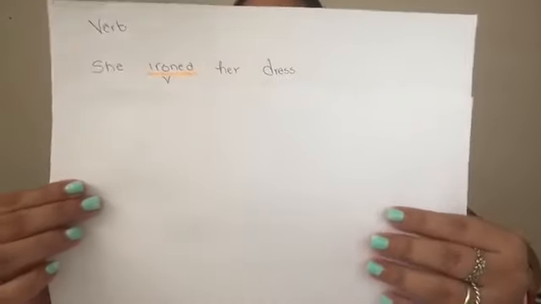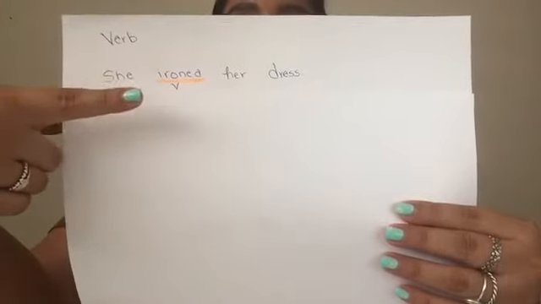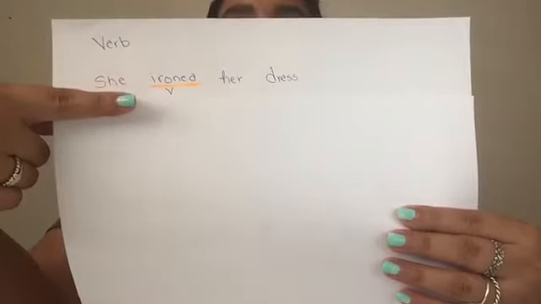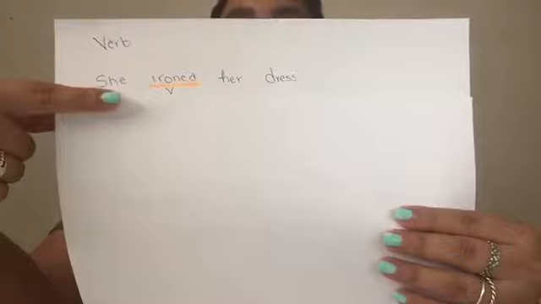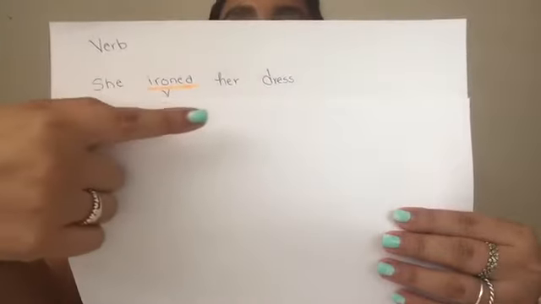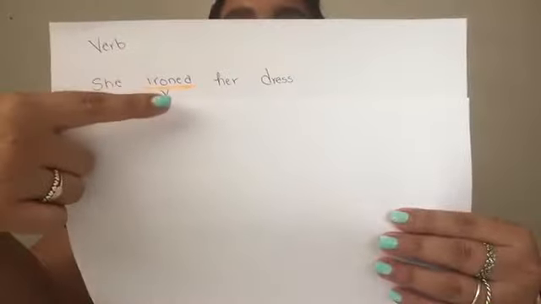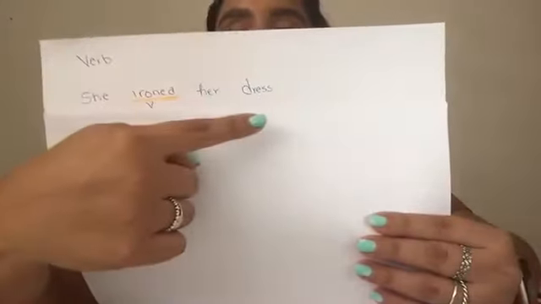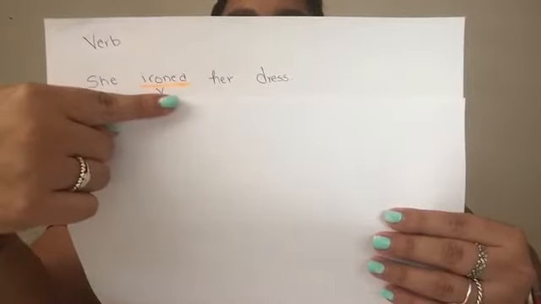The subject here, she, is a pronoun. We ask, what is she doing? That gives you the answer, iron. That's the verb, because she ironed her dress. The action is iron.